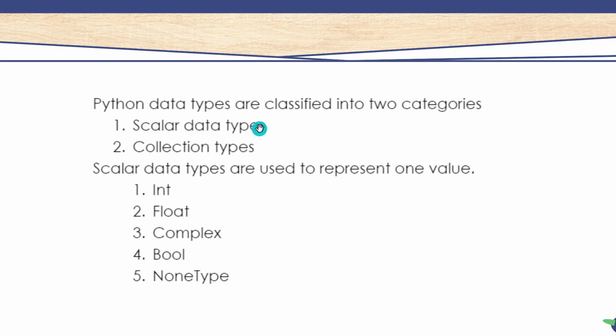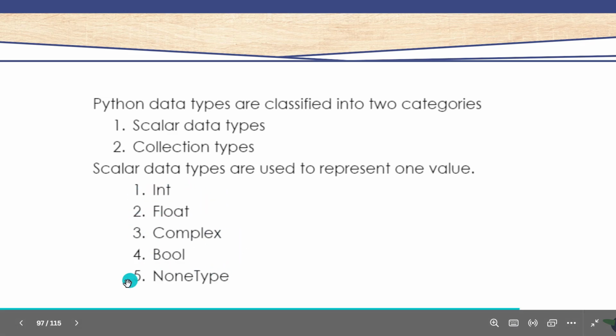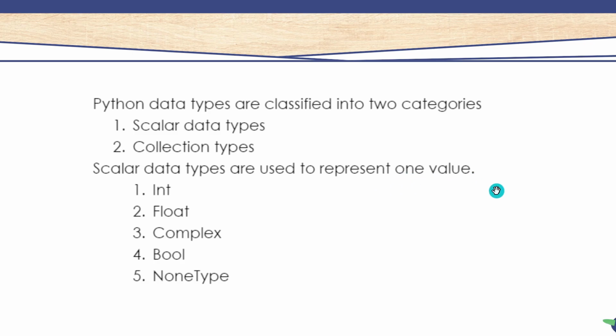Which holds one value is known as a scalar data type. Examples of scalar data types are integer, float, complex, boolean, and null type. These are known as scalar data types, which are used to represent one value or a single value, right?